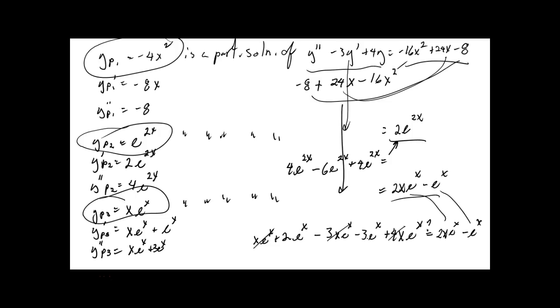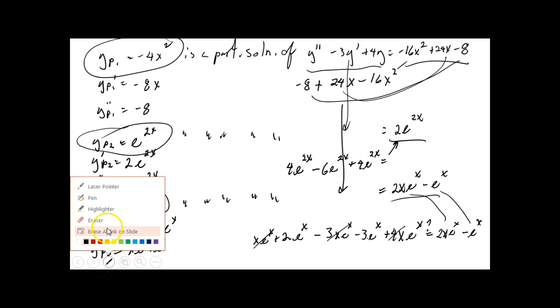So I'm going to go to a clean slide so I can write this in, but you have to remember what's on this slide. Hopefully you have it. So let's see what we've got. And this is using your superposition principle. Those three particular solutions for those three different sets of functions after the same differential equation on the left-hand side.